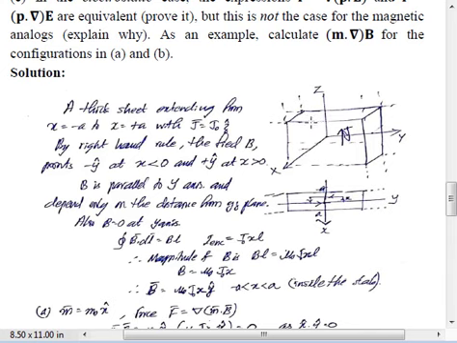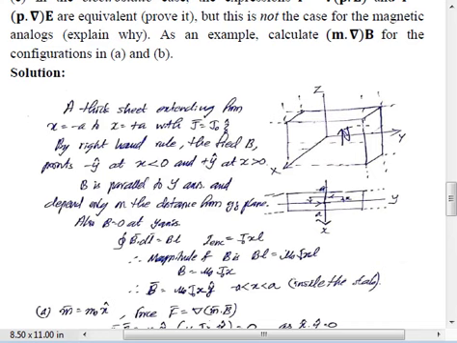So the magnetic field at x greater than 0 will be along the positive y direction, whereas at x less than 0, it will be along the negative y direction. The field has a curling effect around the z-axis because the current is along the z direction. So by the right hand rule, B points along minus y cap at x less than 0 and plus y cap at x greater than 0.